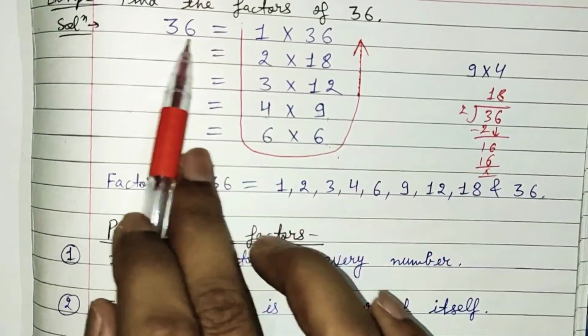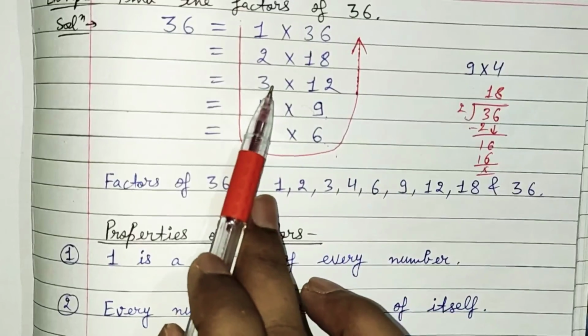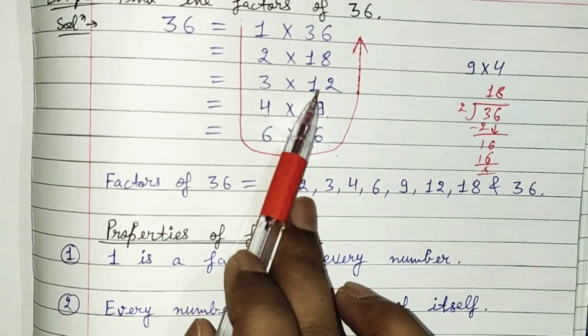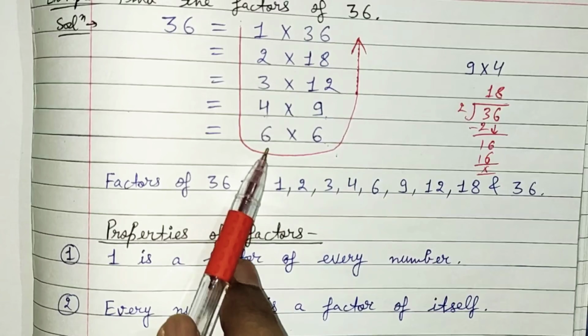So we can divide 36 by 2 18 times, by 3 12 times, by 4 9 times, by 6 6 times.